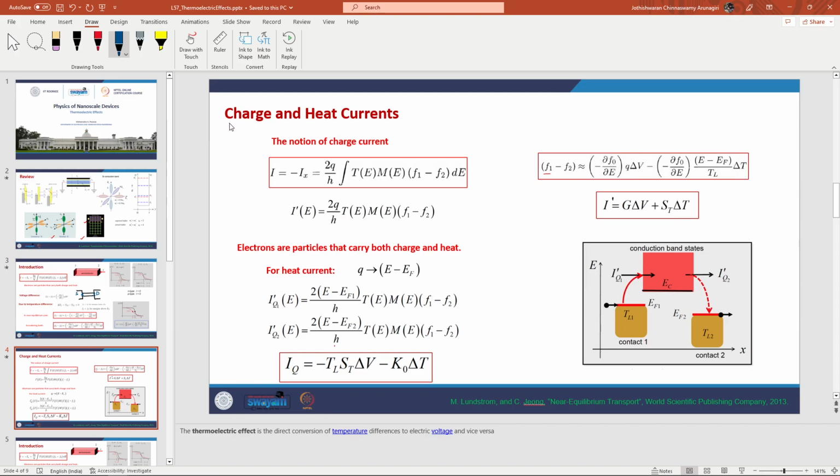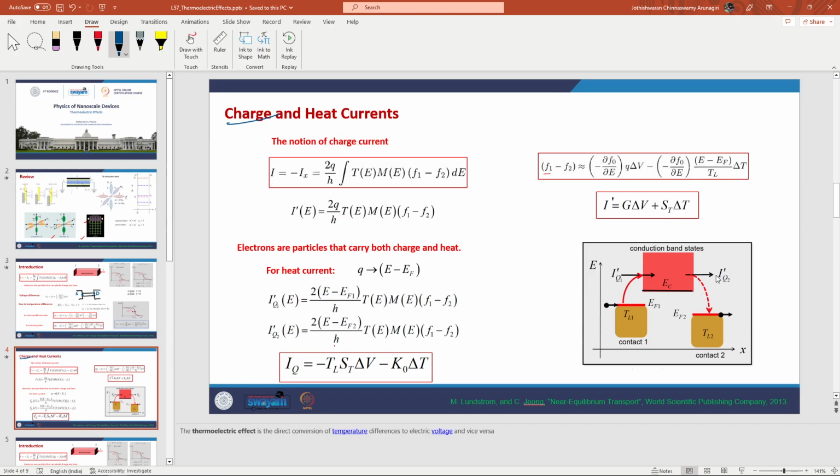So the charge current is the flow of electrons, and the heat current is essentially a transference of these lattice vibrations, which can be seen as even a phononic transfer if we are going down to the microscopic level. However, we shall not be doing that. So there are actually two currents here. We have I, which is the charge current, and then a heat current, that is IQ.